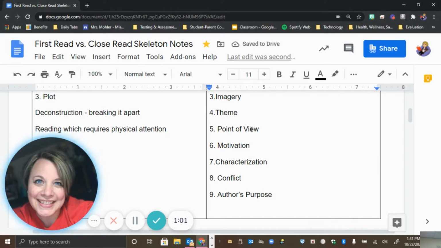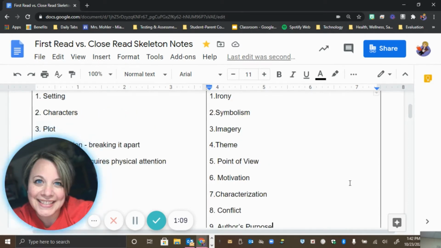Now, just like before, where we talked about skim and scan being besties that go hand in hand, here's the deal with all of these fine things. Once you are on the close read side of things, all of these things intermingle, so you never change one without it affecting the others.